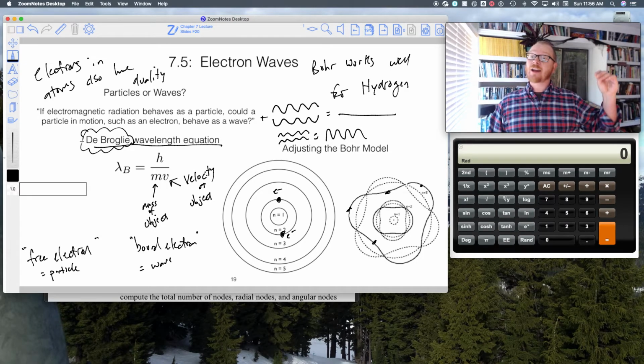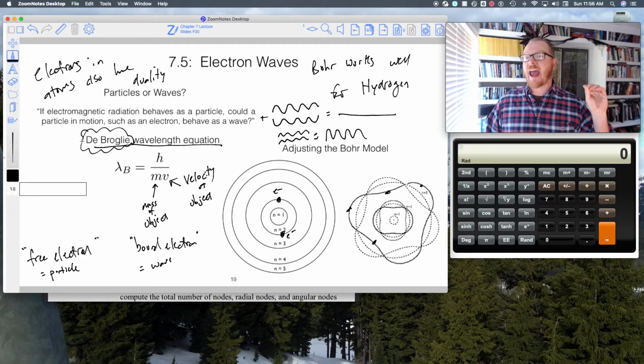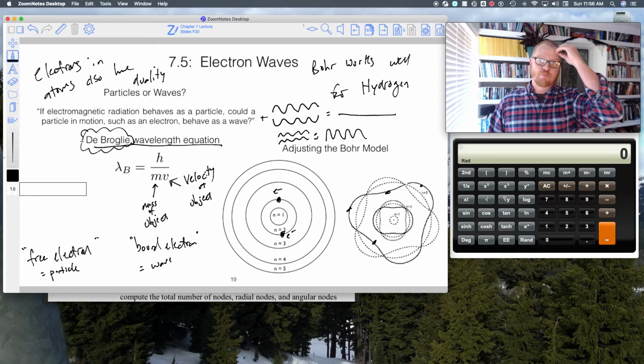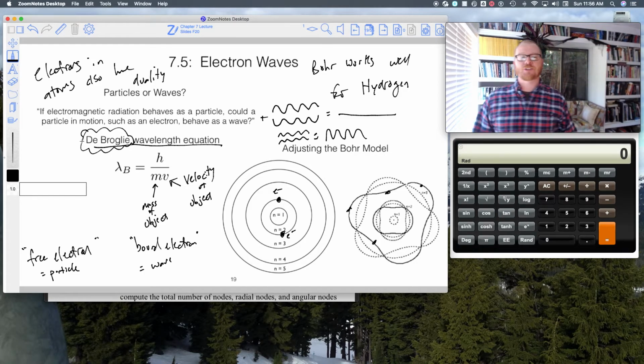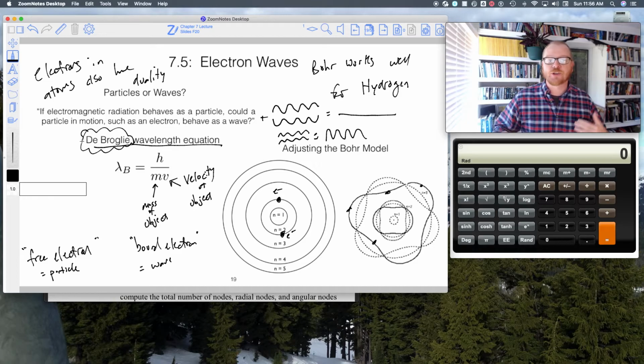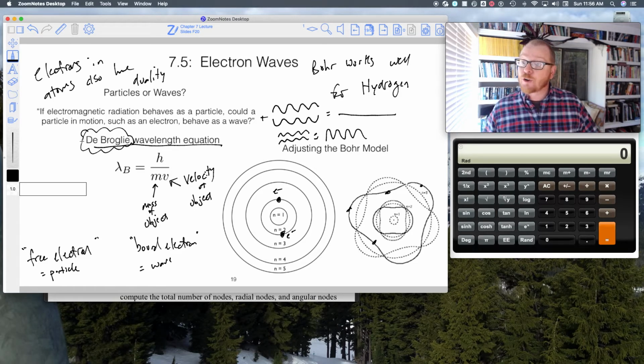If an electron can have wave-particle duality, so too can everything else. And this gets into big picture stuff, and it actually starts to get into general and special relativity, when now we start talking about if I accelerate an object to close to the speed of light, so like a human or a tree or a car or something, right?